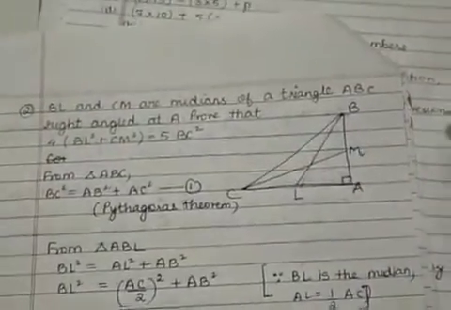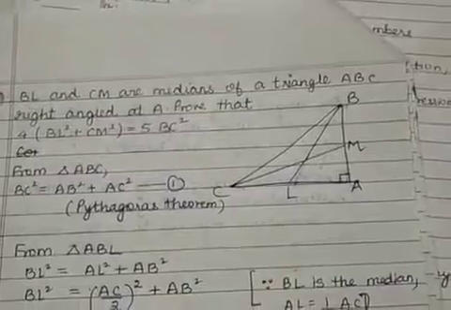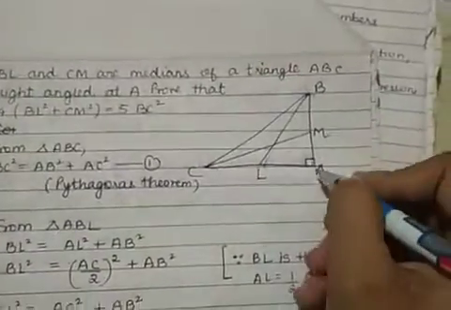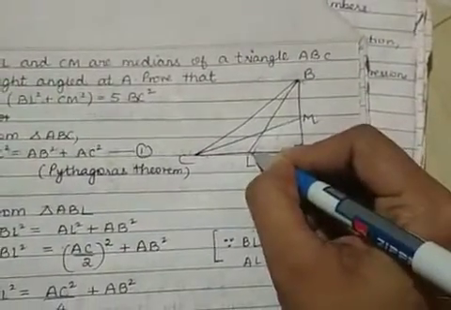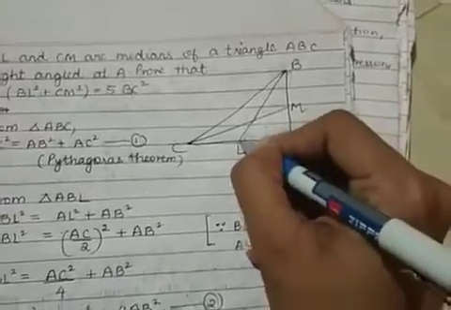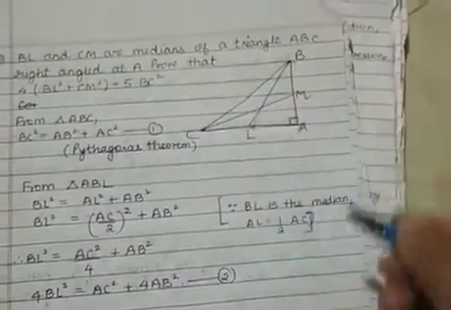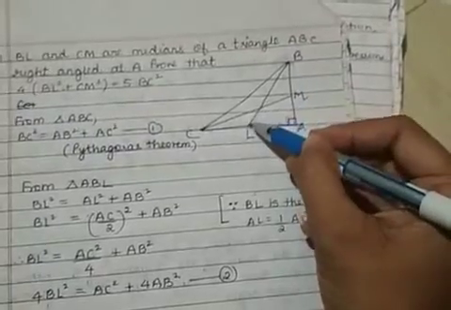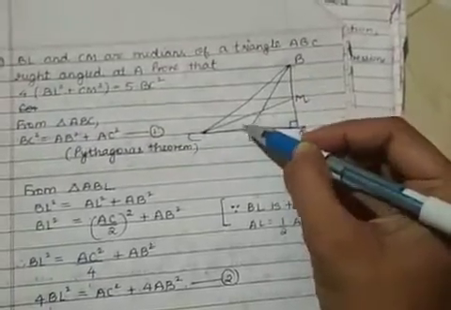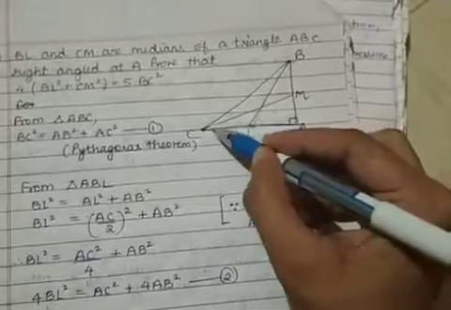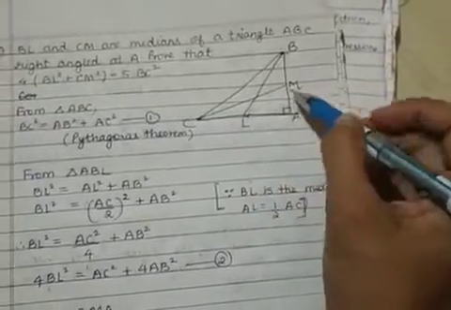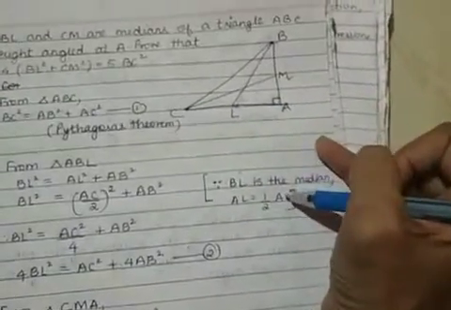Now if you look at the side AL, it is half of AC. The reason is that BL is your median, so it will divide this side into two equal parts. So AL is half of AC.